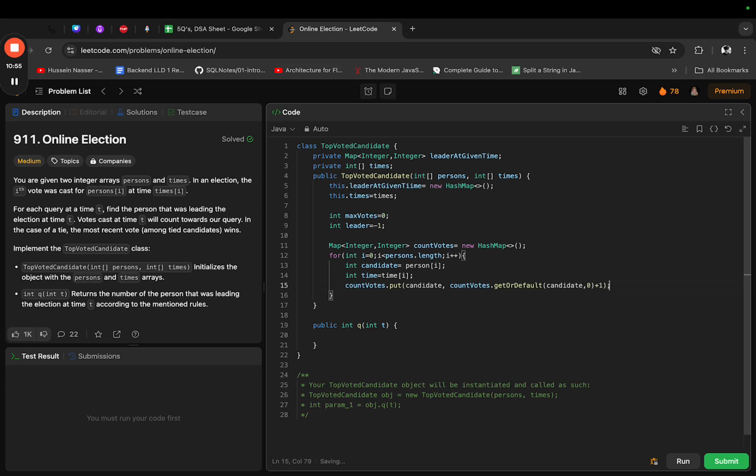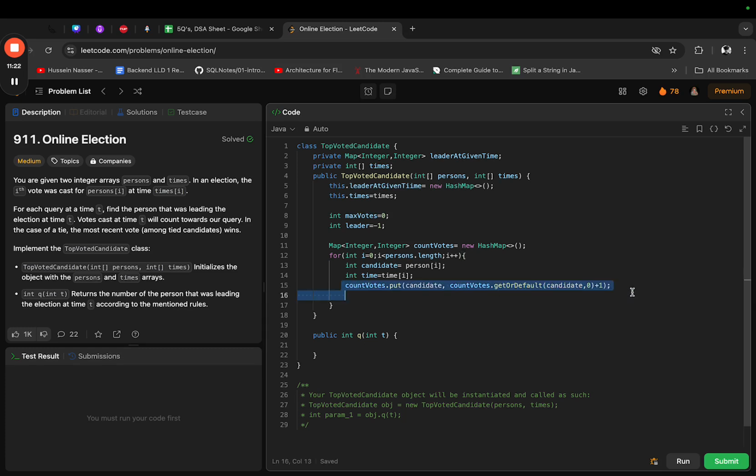So generally I'm just initializing if it is containing the value, else incrementing the votes. I mean, consider if people are voting for the same candidate, we have to increment the number of votes cast, right? So for a particular candidate, how many votes are cast? So that is what I am doing.